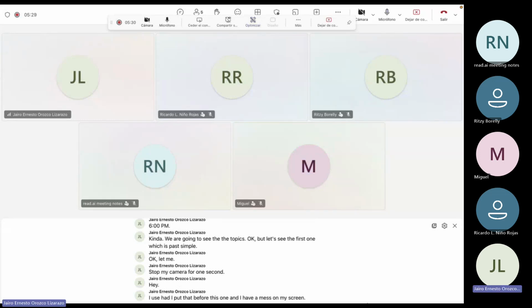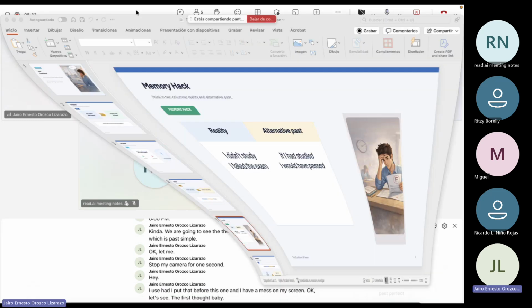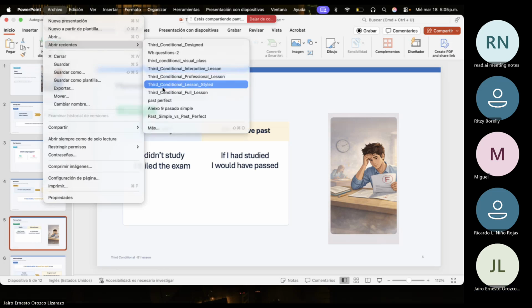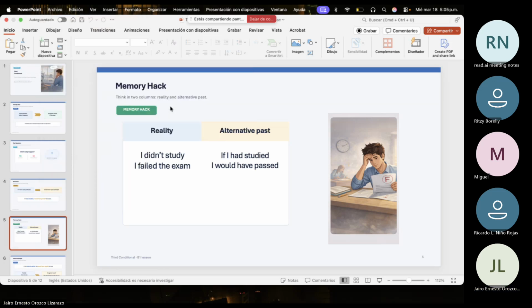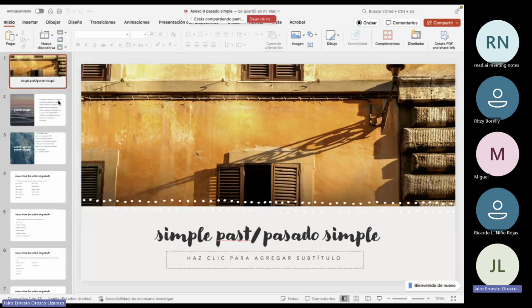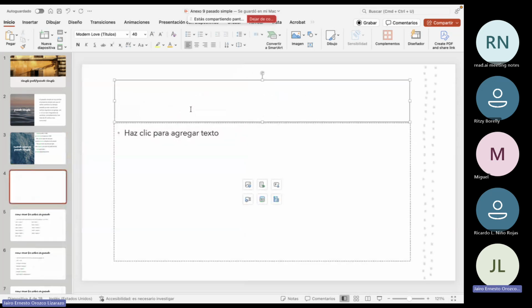Okay, let's see the first topic, which is past simple versus past perfect. So we have past simple. Past simple is basically something that happened in the past, and then you have to specify when it happened, right?